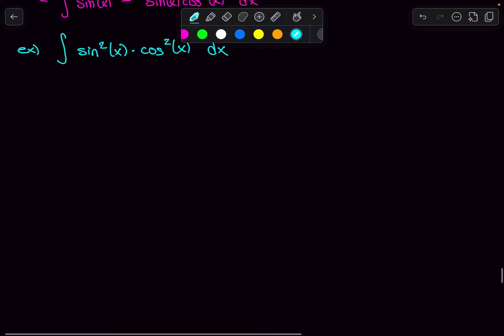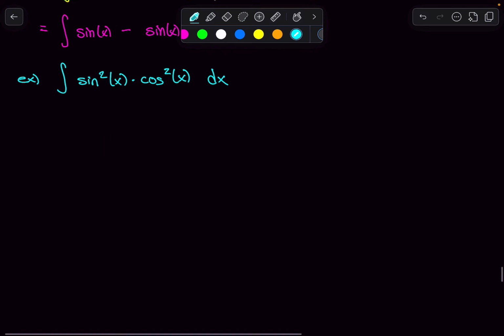And similarly, I can't let u be equal to cosine of x, because the derivative would be a negative sine of x, but that means we're going to have a leftover sine sitting there. I can't let u be equal to sine of x, because the derivative of that is cosine, and it's only going to cancel out with one of these cosines. So looks like we're in a little bit of a pickle.